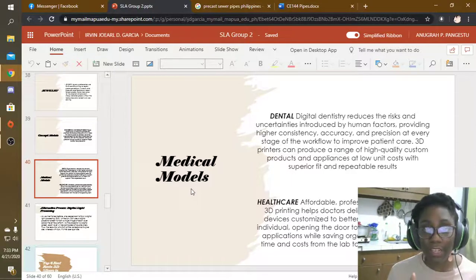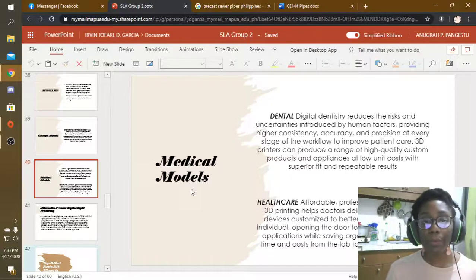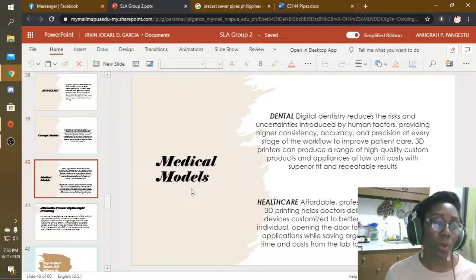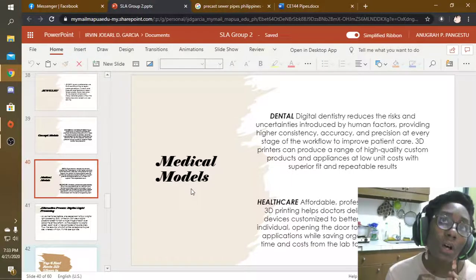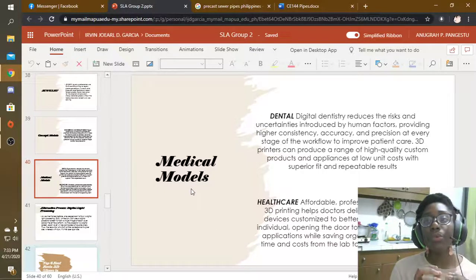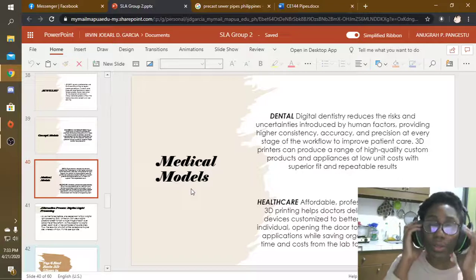So providing higher consistency, accuracy and precision at every stage of the workflow to improve patient care. 3D printers can produce a range of high quality custom products and appliances at low unit cost with superior fit and repeatable results. All right, just like I explained, imagine operating on someone's mouth and you don't really know exactly how the outcome is going to be.